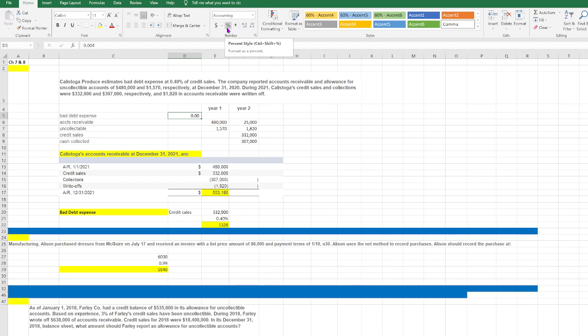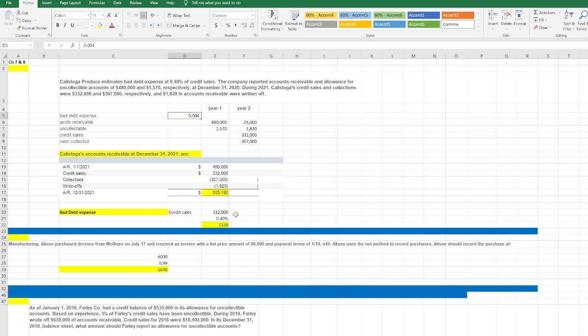I'm trying not to confuse you. It could be 0.004, it could be 0.40%. So this is the decimal, this is the percent. Same number, just understand this is a percent, this is the decimal.